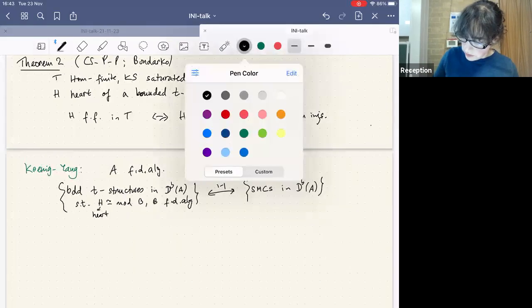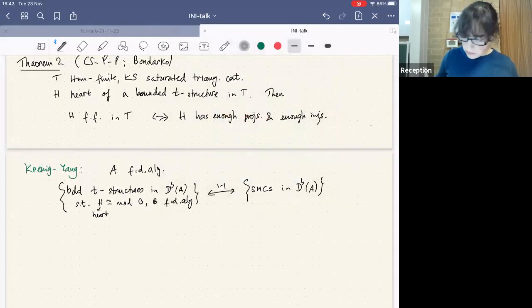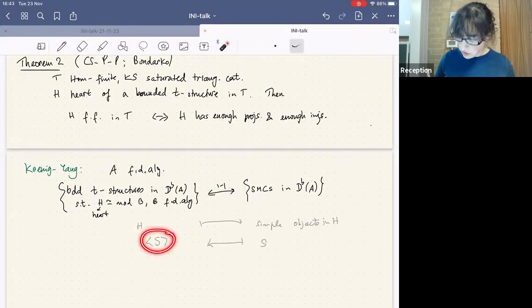So what you do is, if you take the heart, which is the module category, you can take the simple objects of H. But if you take a simple-minded collection S, you take the extension closure, and this is a heart of a bounded t-structure, and this extension closure is a module category. Okay, so this is what matters here for us.